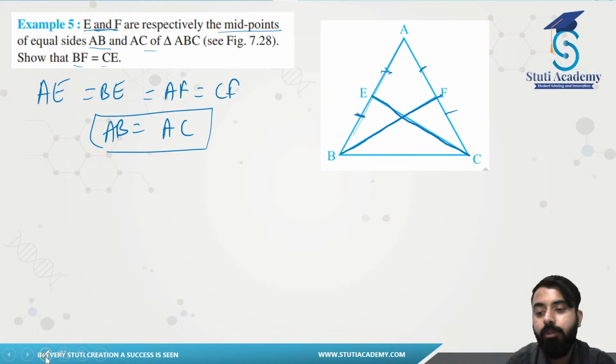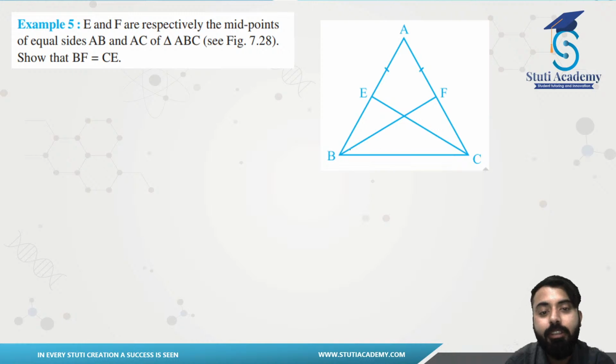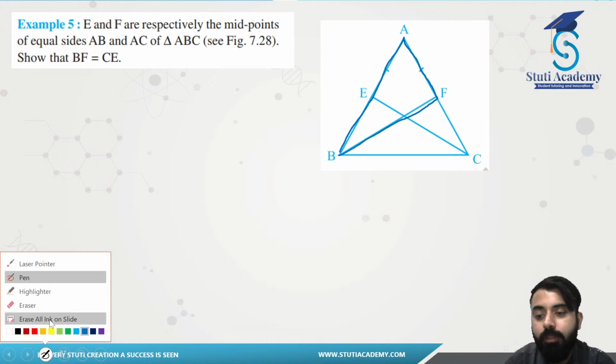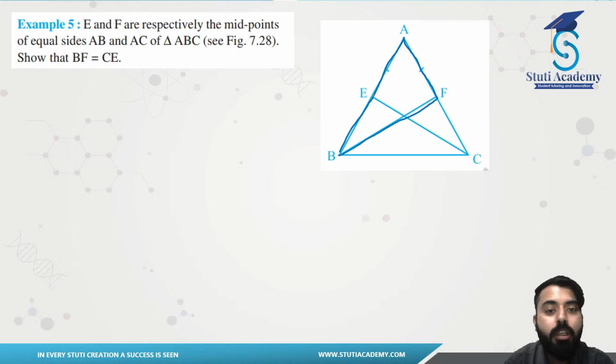Now for this, what are we going to do? We are going to take these two triangles. Let's firstly take this triangle, and then let's take that one. Okay, we can take these two triangles.